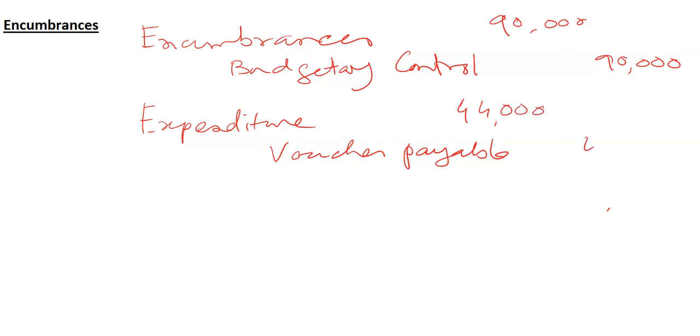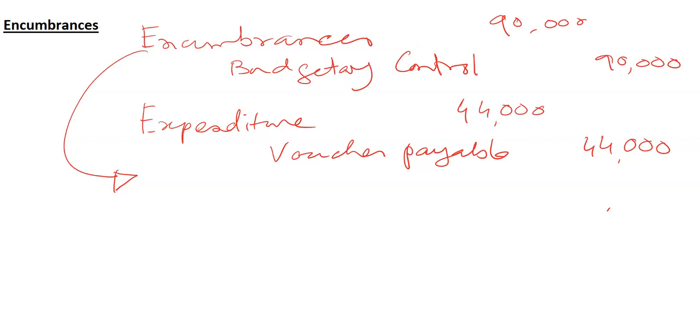They just purchased 1 truck, and at the same time, you have to eliminate that 1 encumbrance. For 1 truck, our encumbrance or purchase order amount was $45,000. So I'm going to eliminate it. Eliminate means we will do the reverse entry.